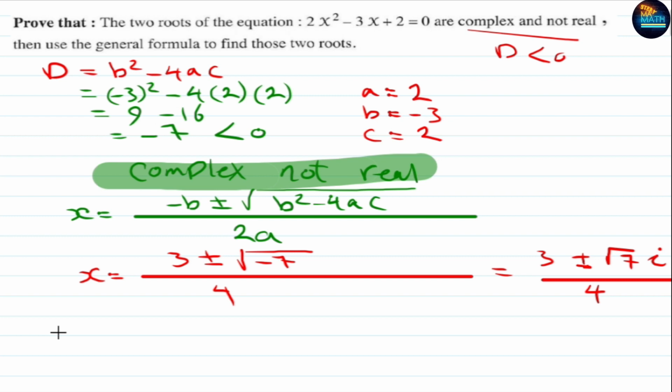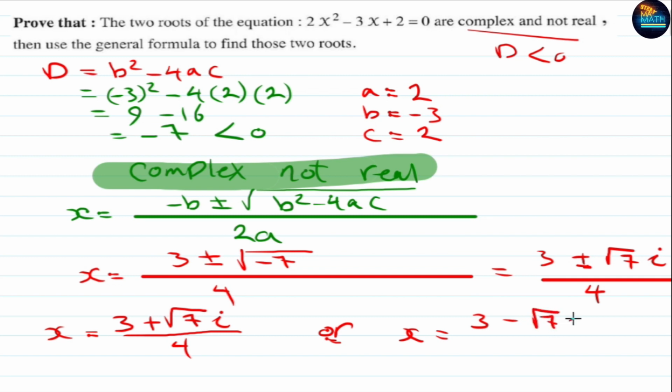Now, here you have two roots. The first root, x is equal to 3 plus the square root of 7 i divided by 4, or x is equal to 3 minus the square root of 7 i divided by 4. Now, let's make sure that they are complex, not real.